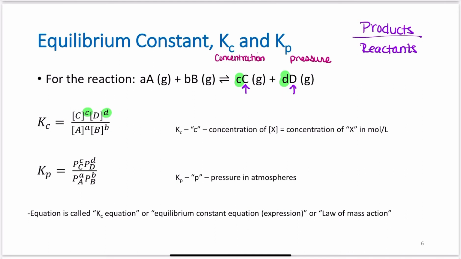The coefficient becomes the exponent. We have that divided by the reactants, and note that we take the concentration of A raised to the power of that coefficient and concentration of B raised to the power of that coefficient. Note that when I write something like this, these brackets here mean concentration, specifically molarity.